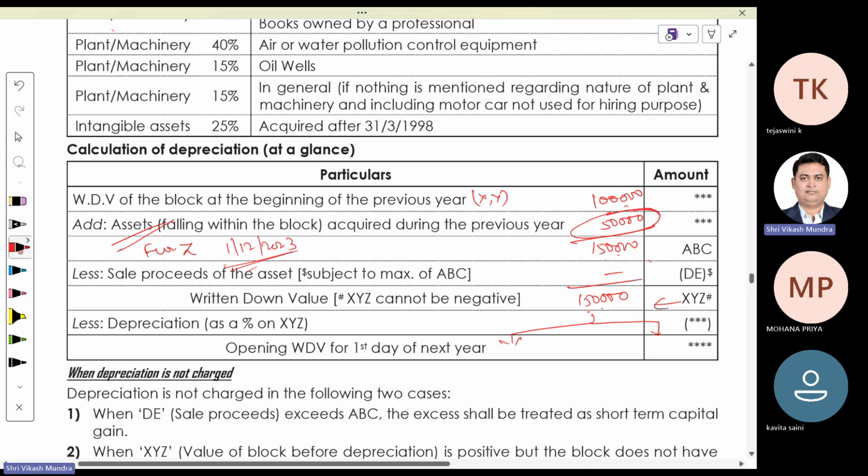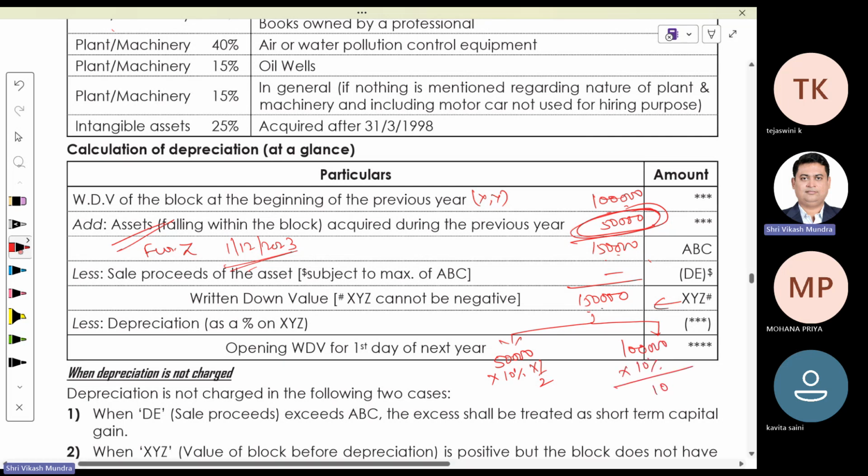In this situation, on this value, we will charge depreciation at half of the rate which is provided for this type of asset. That means on this 50,000 value, we will charge depreciation at the rate of 10%, but we will make it half. And for the remaining value on the block, we shall charge depreciation at full rate.